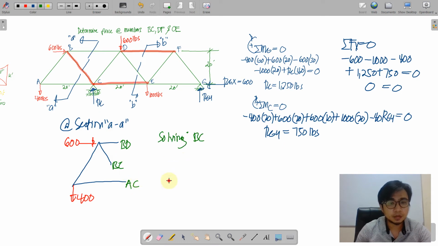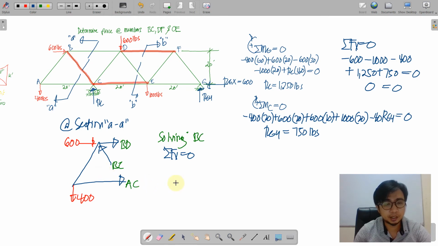Solving BC, we just use the equilibrium equation along the vertical because BD and AC have no vertical component. So therefore, it will only involve BC. But first, we have to assume directions for all of these cut members. Say BD is tensile, I'll assume BC to be compressive and AC to be a tensile force.